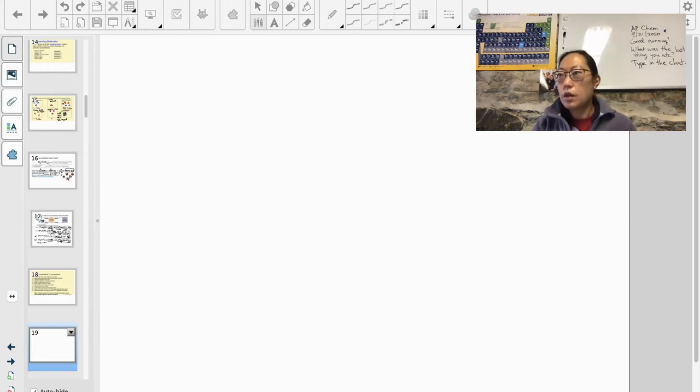Number 4 is 0.35 moles of glucose again, and this time they want grams of carbon. So what am I going to do? I know that in glucose we have C6H12O6. So I want to figure out how many moles of carbon I can get out of this many moles of glucose. I know from my formula, I get 6 moles of carbon for every 1 mole of glucose.